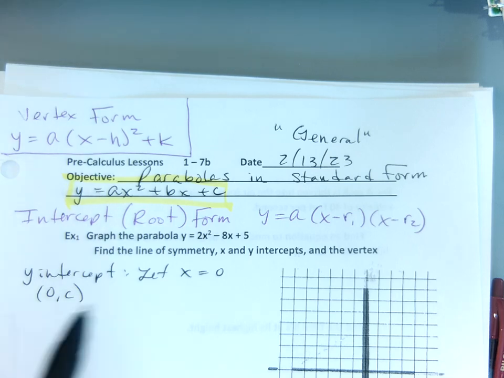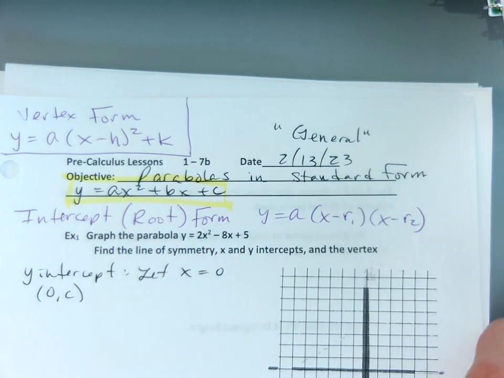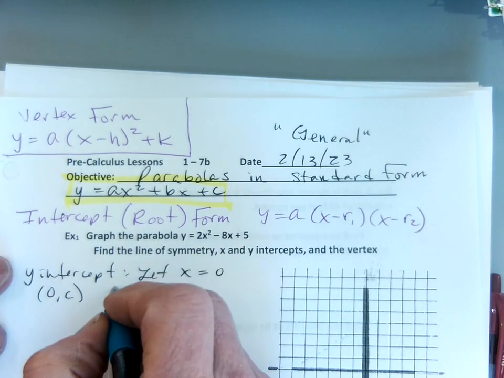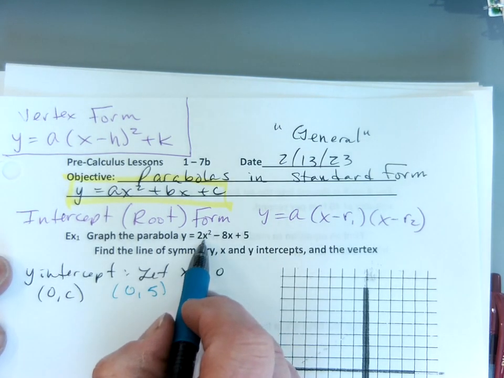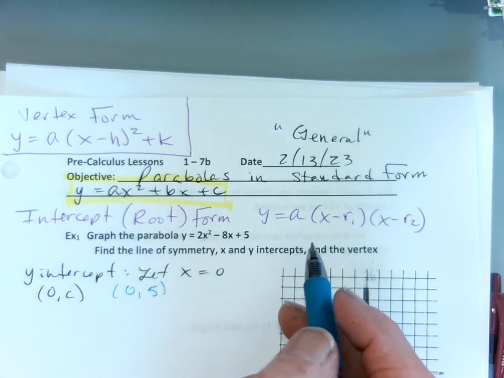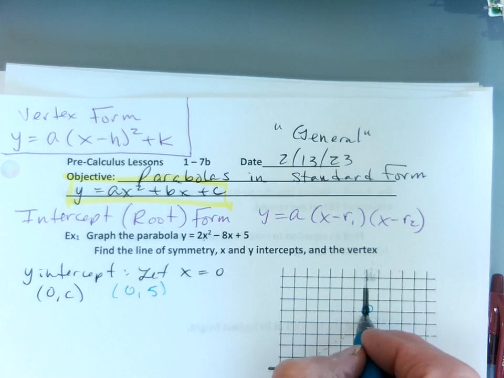Boom, that's the y-intercept, 0, 5. Easy, right? So in this example, we know we're going to have a point at 0, comma 5, because if x is 0, you're just left with 5. And I can graph that. 1, 2, 3, 4, 5, okay?